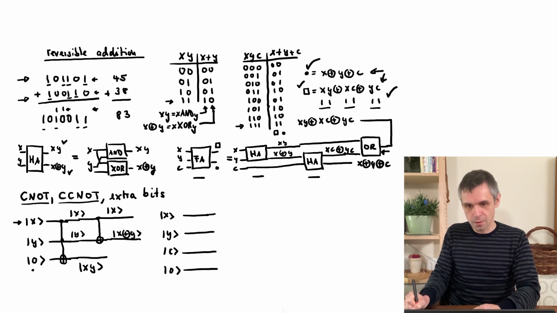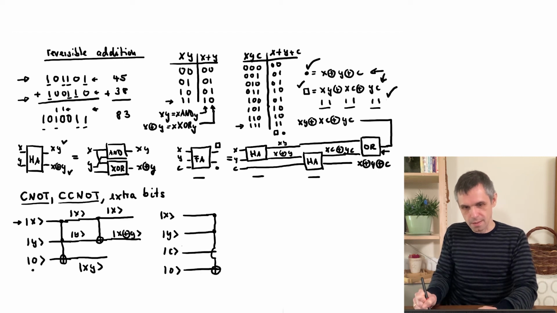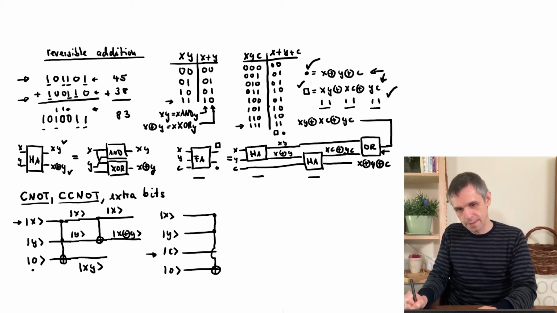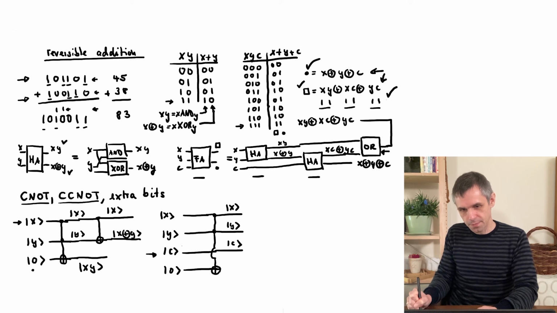And first we are going to use again a doubly controlled NOT gate, which simply mirrors the controlled NOT gate that we have in the half adder. So this is circumnavigating this carried over quantum bit here. What we have at this stage is the states x and y for the control quantum bits, and c here, and down here we have again x times y.